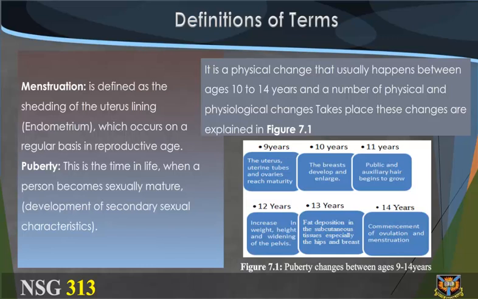9 years, the uterus, uterine tubes and ovaries reach maturity. 10 years, the breast develops and enlarges. 11 years, pubic and axillary hair begins to grow. 12 years, increase in weight, height and widening of the pelvis. 13 years, fat deposition in the subcutaneous tissue, especially the tips of the breast. 14 years, commencement of ovulation and menstruation.